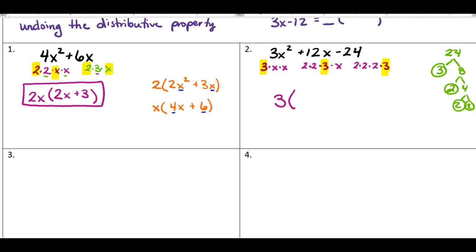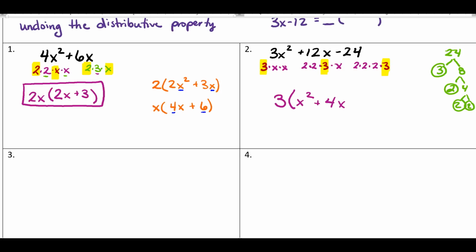So now we're going to write down what's left. 3 times what gives 3x squared? So that would be x squared. So 3 times x squared would give us 3x squared. Notice we have the 2 x's left here anyway. Plus 3 times 4x would multiply to give me 12x.